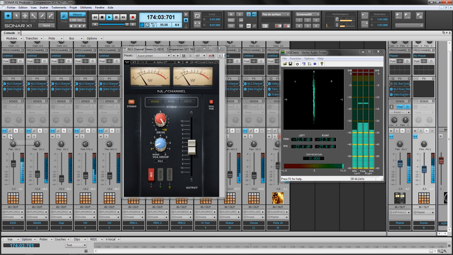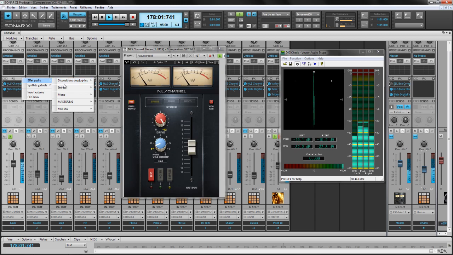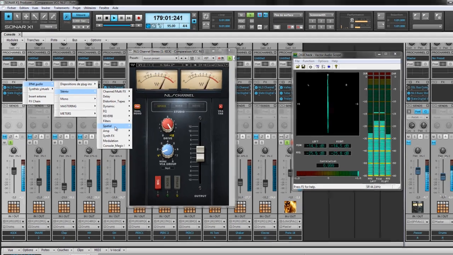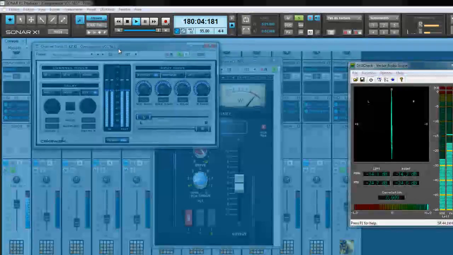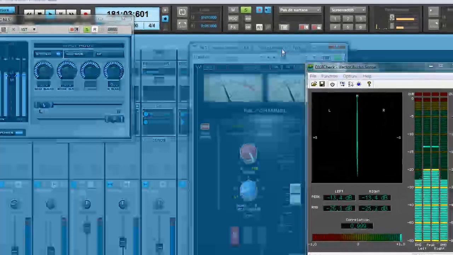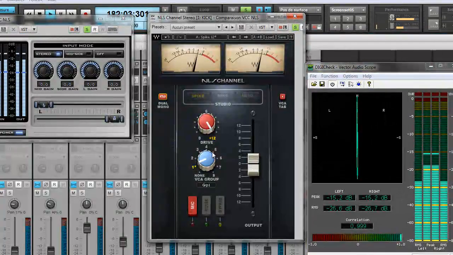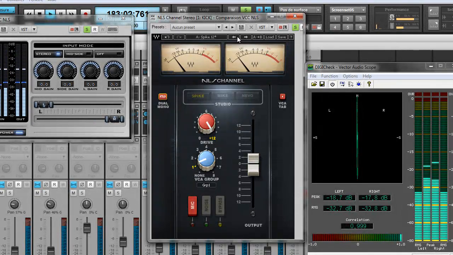So for example, if I go back to my kick, okay, choose the dual mono in here. I'm gonna introduce something like the channel tool in Sonar that gives me that side control. So if I choose something like that, the kick is a little on the left, right.